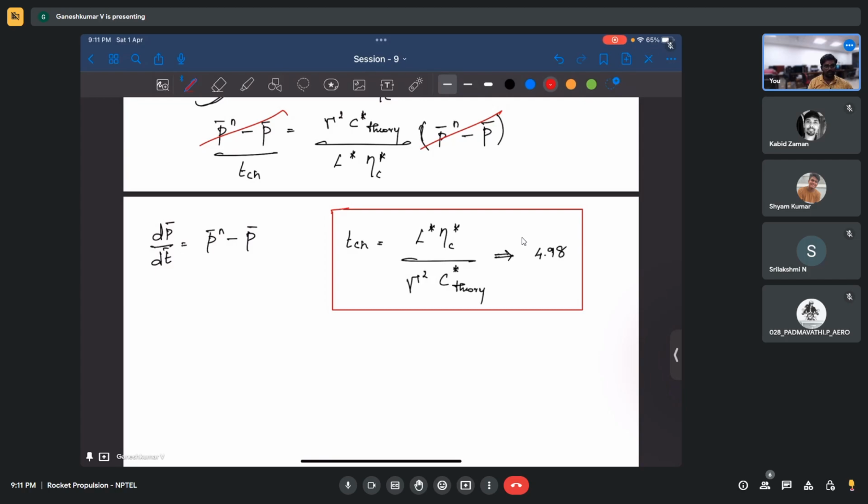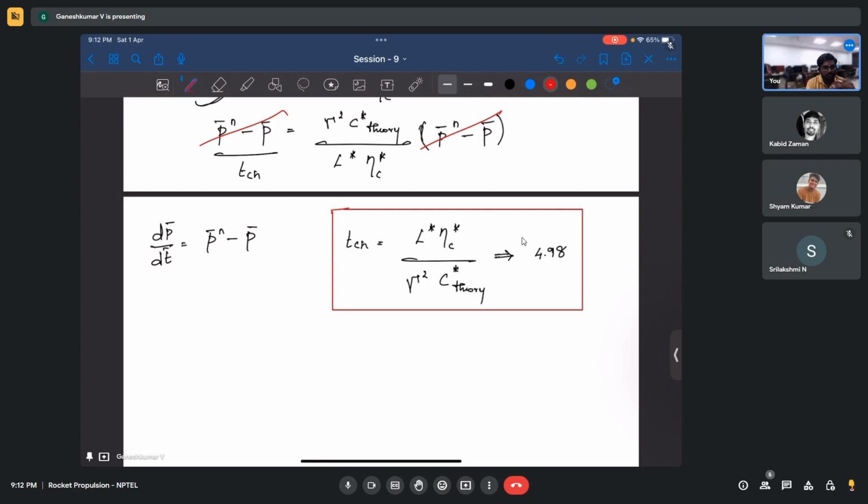Because mdot is also a variable, pressure is also a variable, so Pc At by mdot is going to adjust itself and give you whatever the efficiency. C star efficiency has to do with the combustion chamber, how efficient your combustion is. If your combustion is happening more efficiently, you are going to have higher C star efficiency because you will have higher pressure buildup, or the pressure buildup depicted by the theoretical value.